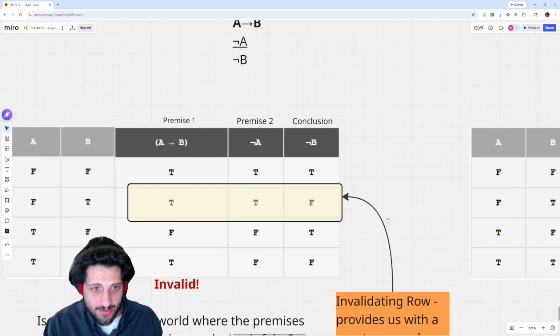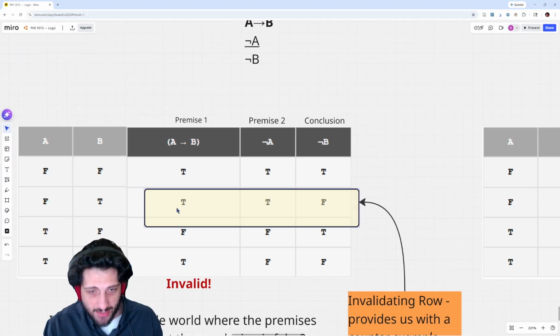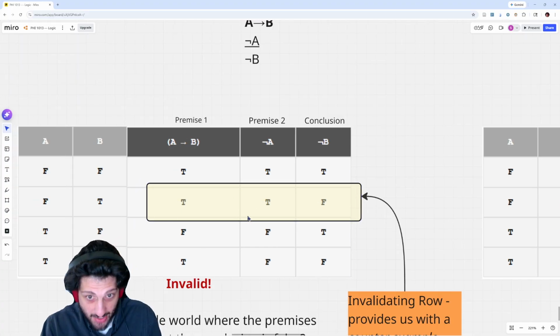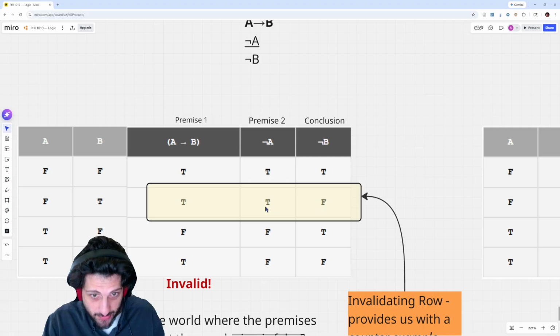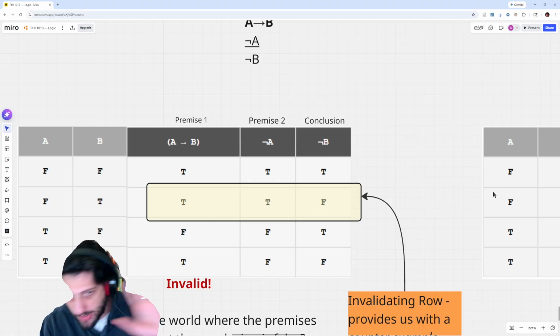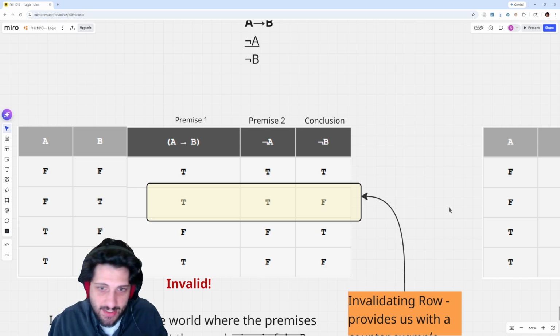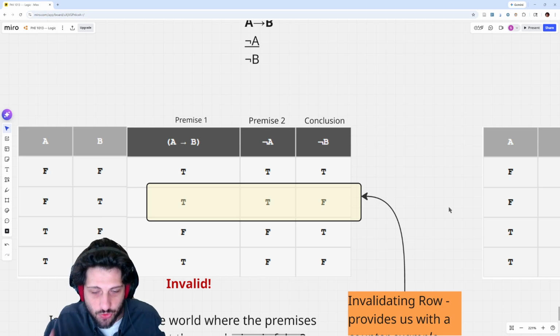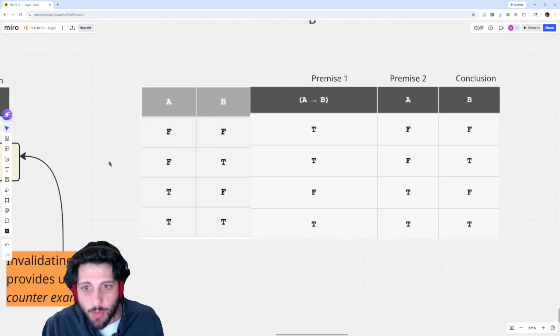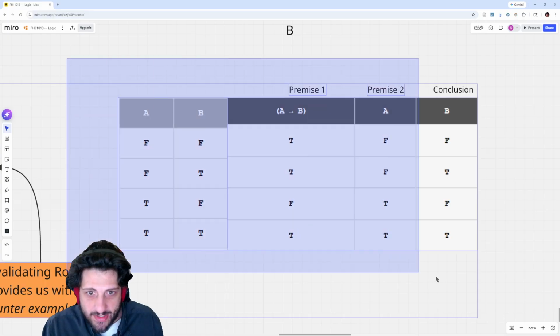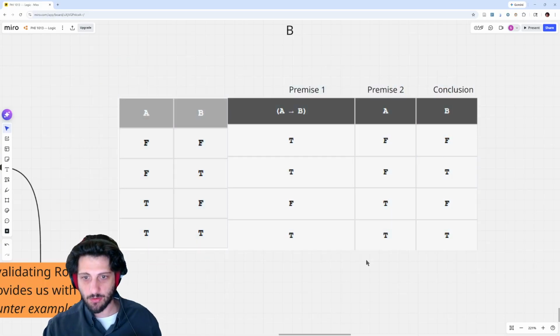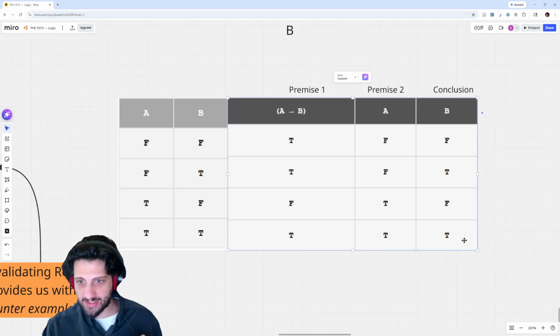If we can find a possible world where the premises really are true and the conclusion is false, we know, okay, those premises alone don't guarantee that I'm in a world where I have a true conclusion. But a valid argument is one where we can't find that invalidating row.